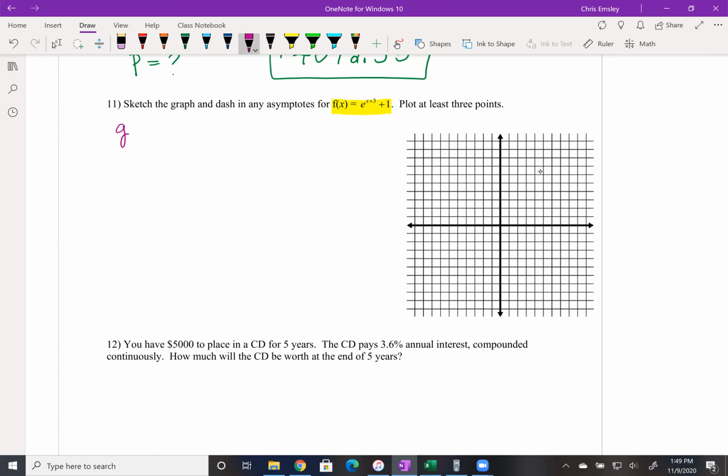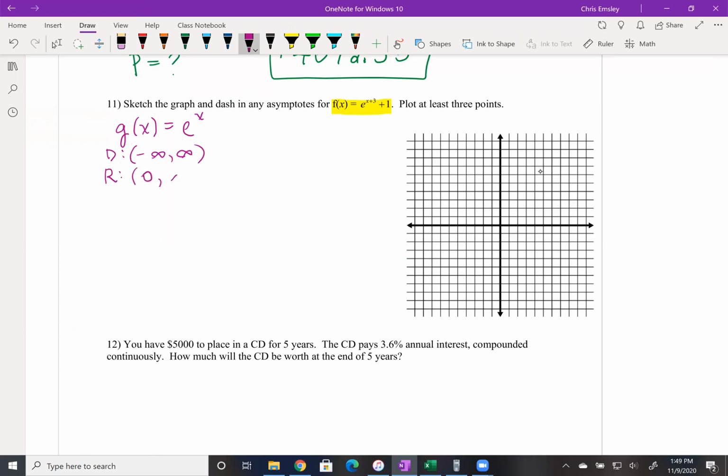goes with a parent function of e to the x. And a few things we know about any exponential function, and it applies to this one with e as the base. The domain of an exponential function, that means what am I allowed to plug in for x, is all real numbers. The range of an exponential function, however, is not all real numbers.